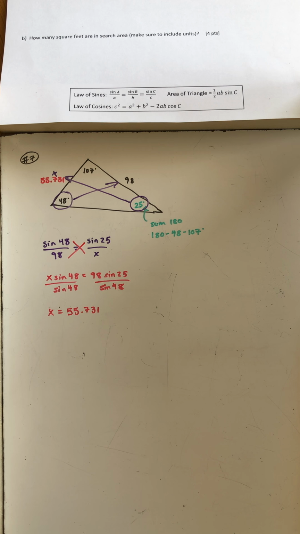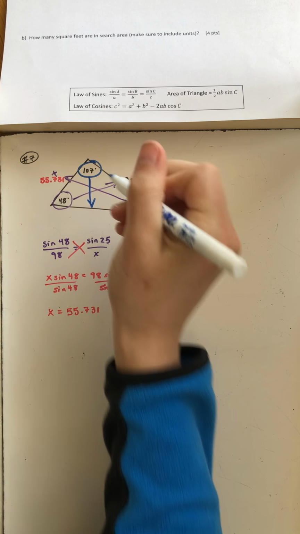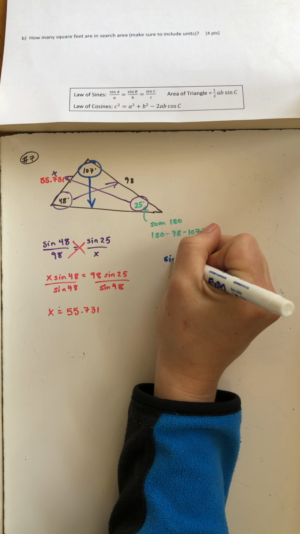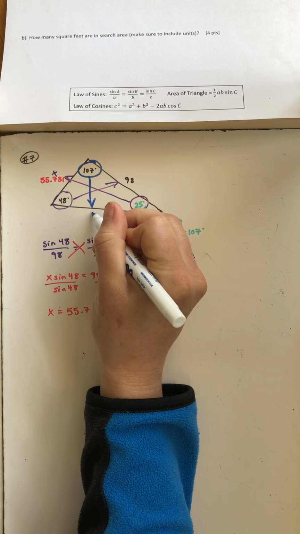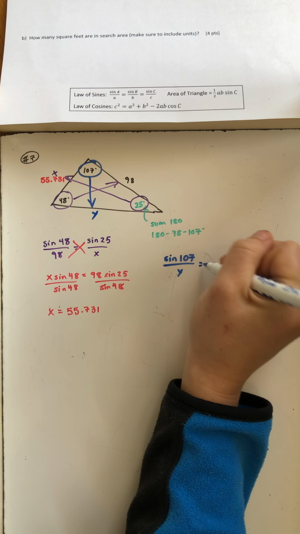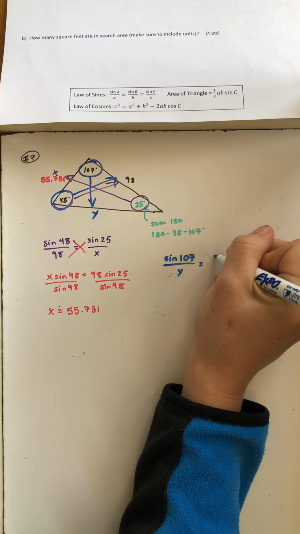Now I need to find the side across from 107 degrees. So I'm going to do the sine of 107. And let me just call this side y for right now. Equals the sine of 48 over 98.